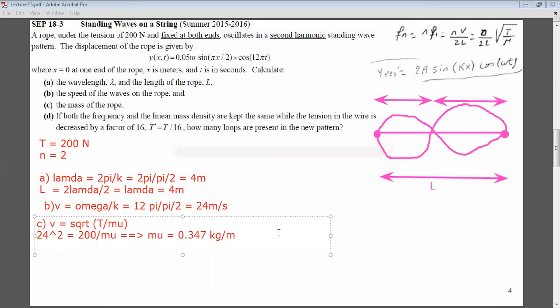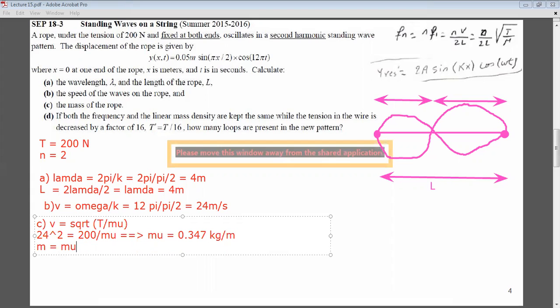And I know that the mass is, from the formula, mu is kilogram per meter, so it is mass divided by length.